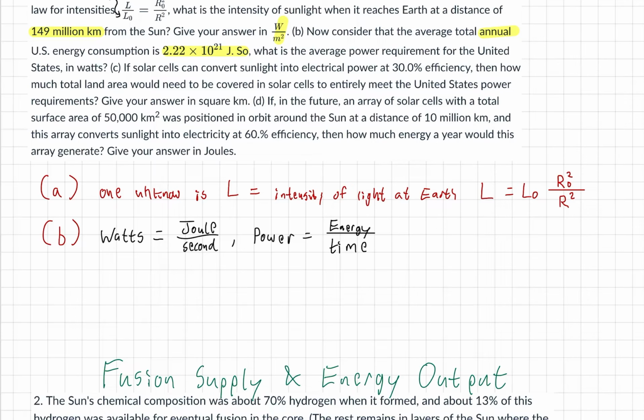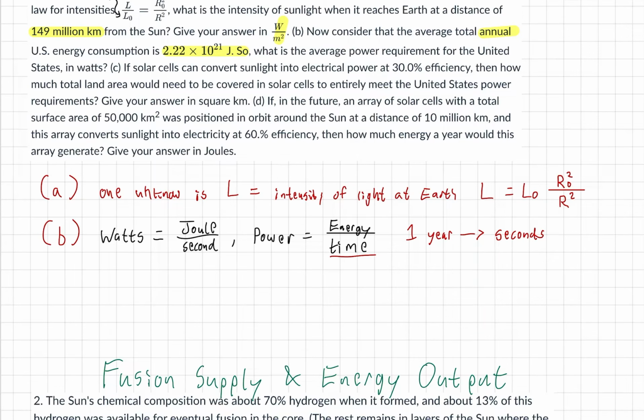So you will need to convert the 1 year, because that is your period, to seconds. Because only then can you enter that value for time and your energy is ready to go. Okay, so take that ratio, and that's going to be your wattage, which is your power output, or in this case, your power consumption, what the United States and all the people in it require for power.